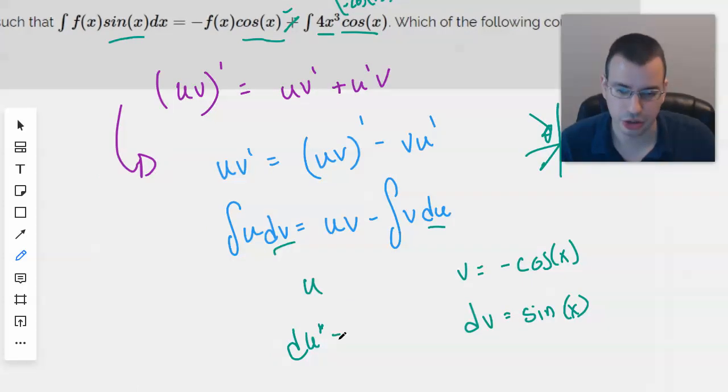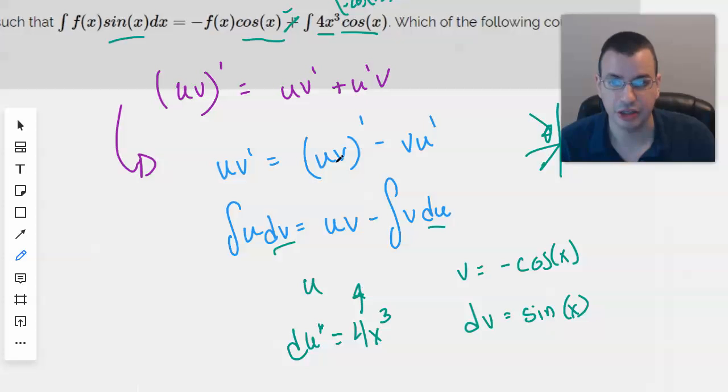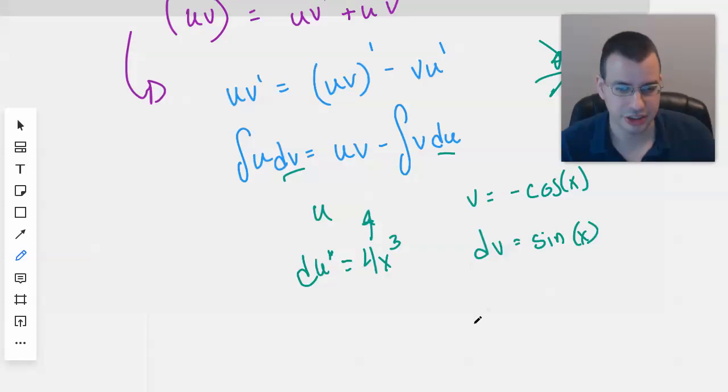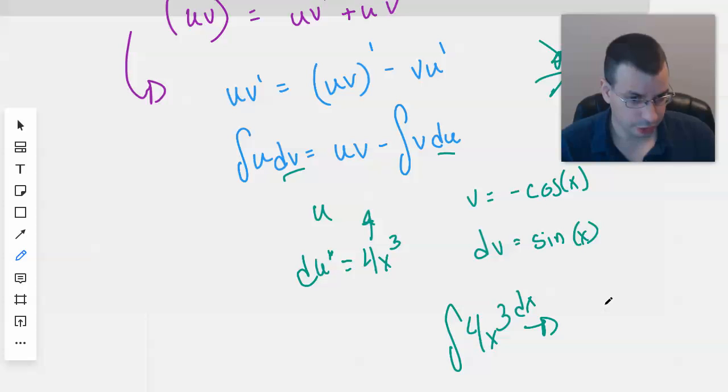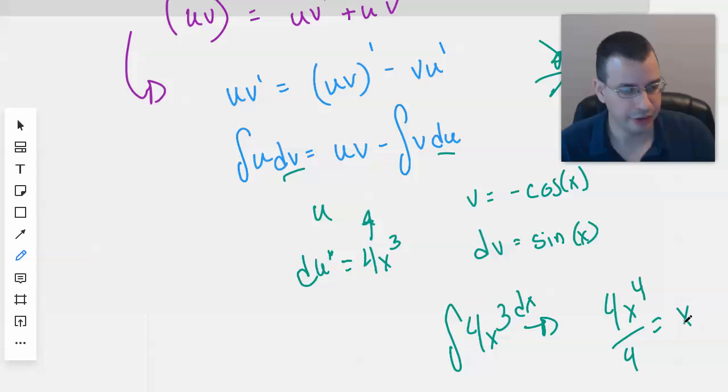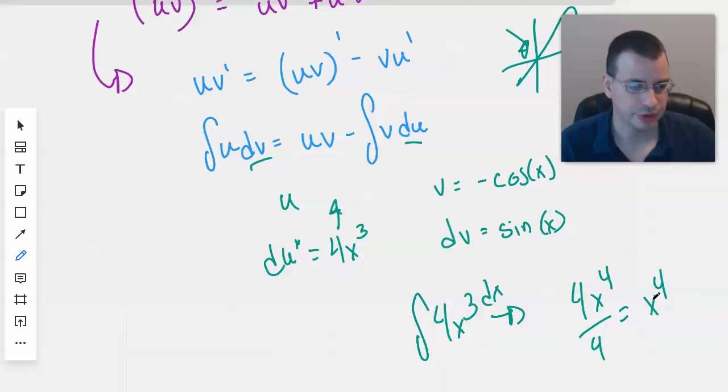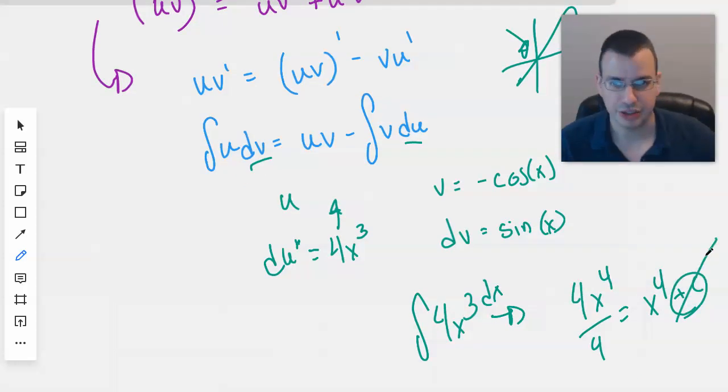So du equals 4x cubed. So now we can find u, which is f of x, and we'll do the power rule. The integral of 4x cubed dx will be 4x to the fourth over 4, which will be x to the fourth plus c. But we don't care about this plus c for this.